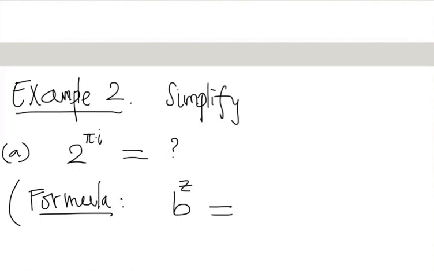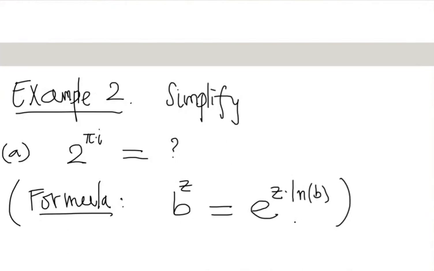Then we could calculate by taking natural log, and then take exponential again. Then we have e to the z times the natural log, ln of b. This is the formula to convert between base b and base e.